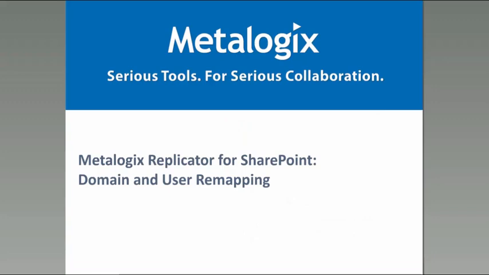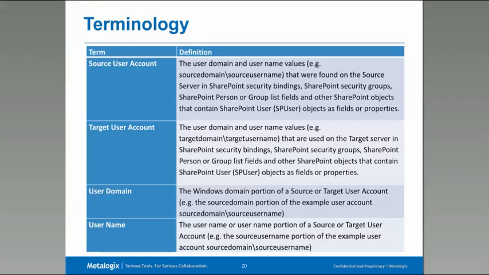Okay, one of the features that we briefly talked about and that we're going to look through is the ability to do domain and user remapping. A lot of people don't have different domains, but for the people that do, we can do that full remapping. Some of the terminology is source and target user account.